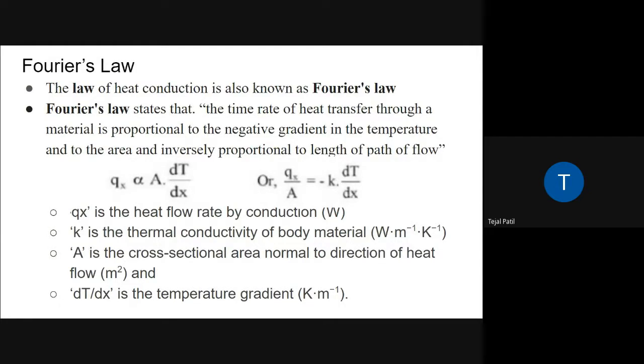So what Fourier's law says is that the time rate of heat transfer through a material is proportional to the negative gradient in the temperature and to the area, and inversely proportional to the length of the path of flow. So let's understand once again through a diagram.